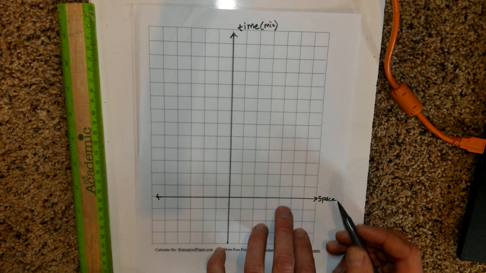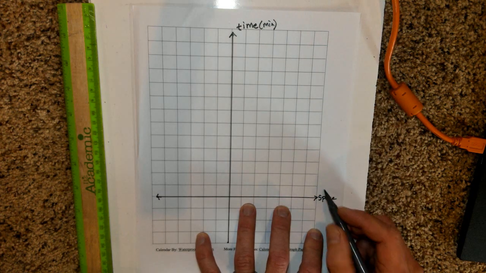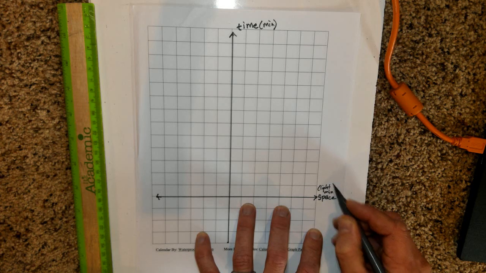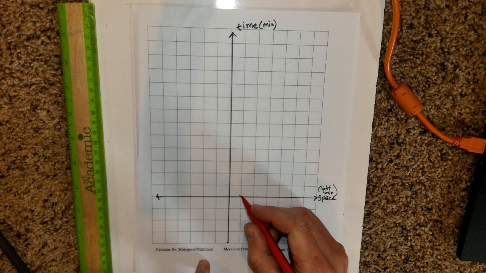Those are actual distances, but they sound like times. So if I'm going to use minutes for time, I'm going to use light minutes for space.